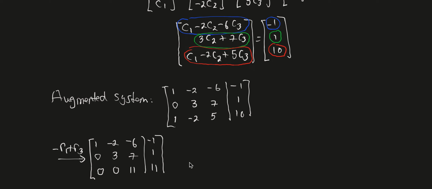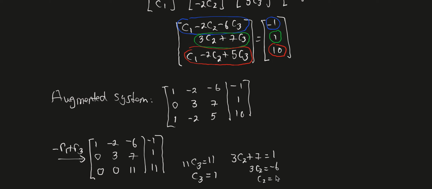So from this equation, I have that 11C3 is equal to 11. So then C3 is 1. And then the middle equation now tells me that 3C2 plus 7 is equal to 1. So 3C2 is -6.